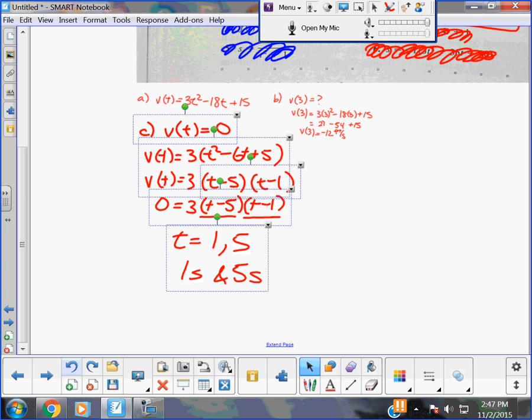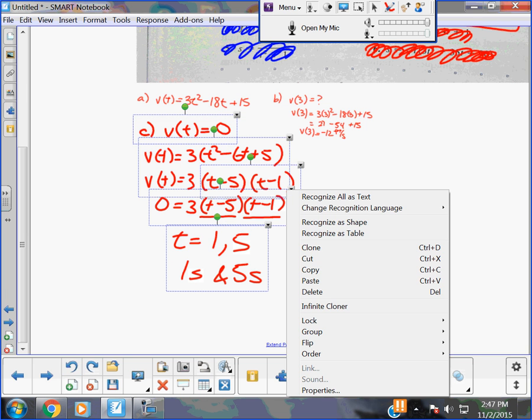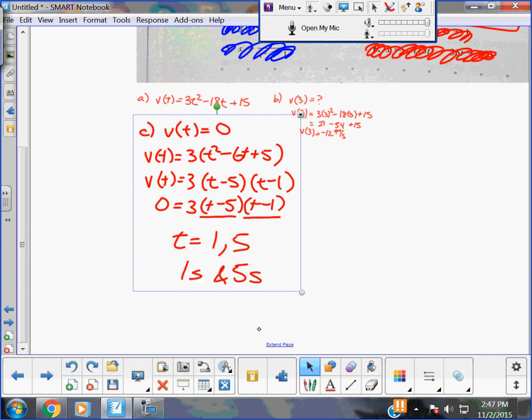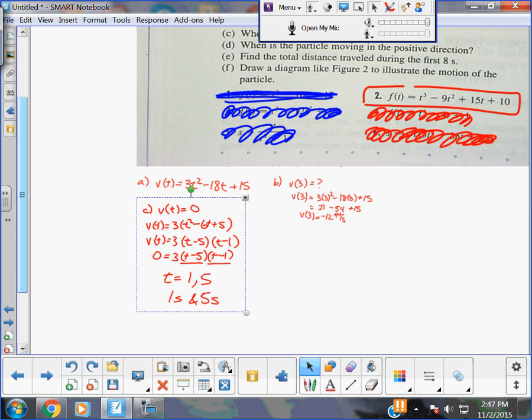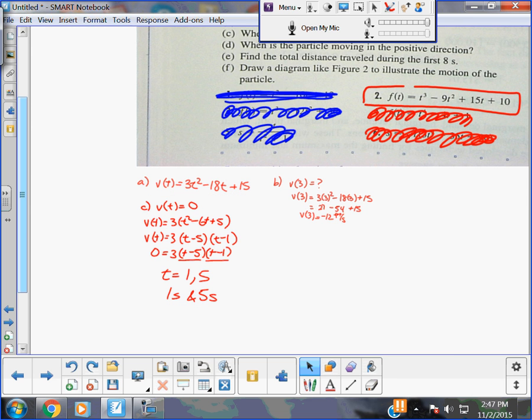All right? And this is going to be important for us because this is an intermediate value theorem type of thought process. Guys, if it's 0 at 1 and 5, and it's negative here at time 3, we're going to know some facts here because we're going to be able to position this. We know when the particle's moving, it just doesn't go from negative 12 feet per second to 10 feet per second positive.